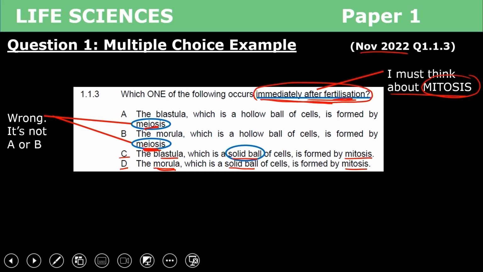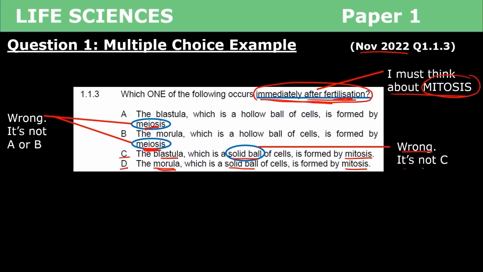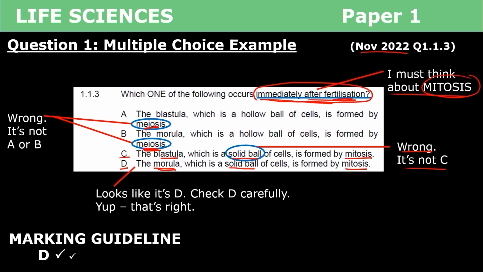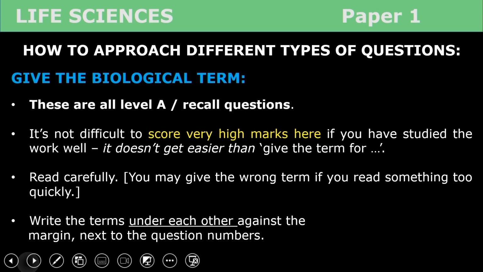So C, blastula: is that a solid ball of cells? No, it is not. Therefore, C is out. And we are then left with D. So D is the correct answer, and the marking guidelines said D is the correct answer, and then you get your 2 marks.